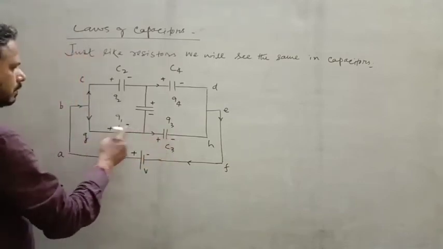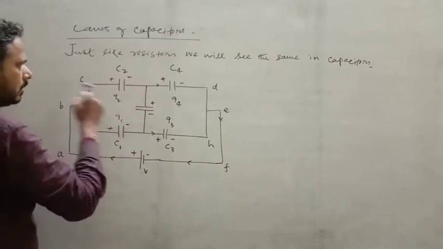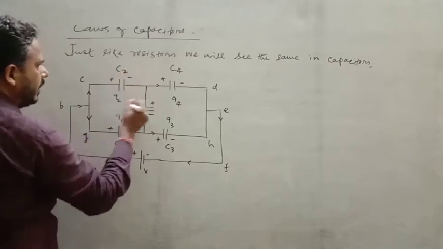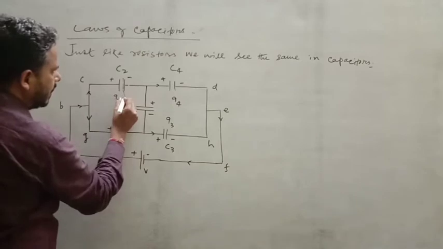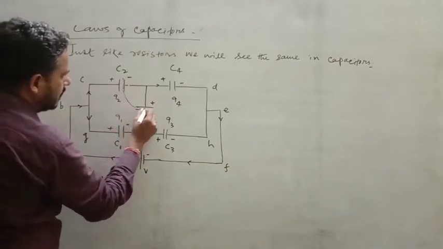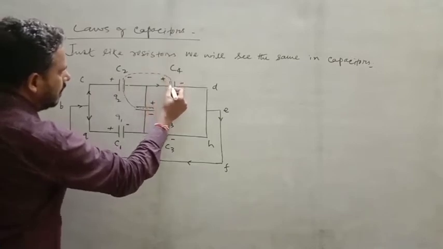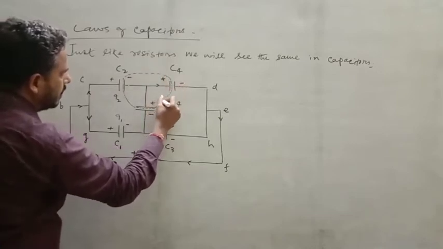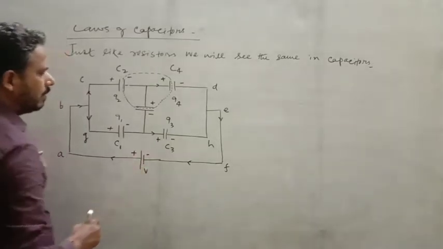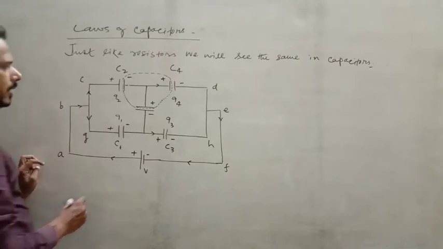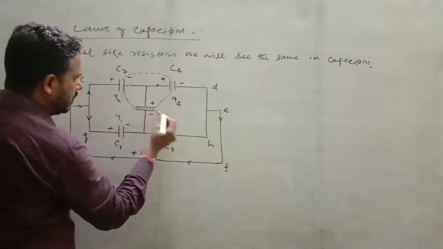Here also positive and negative, and there also. You are seeing that this plate is not directly connected to the terminals of the potential. Accordingly, you are seeing these two plates.